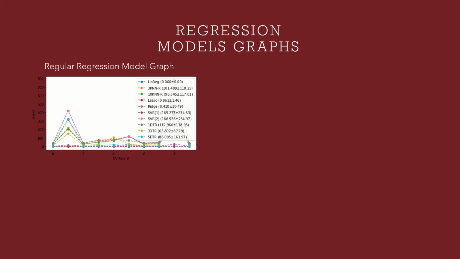That way it can have a better understanding of how actual real life data will be. And the y-axis has RMSE, which stands for root mean squared error, which basically shows how much error the model is experiencing within the graph.